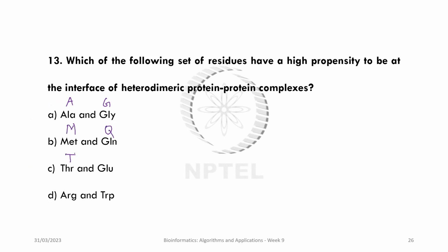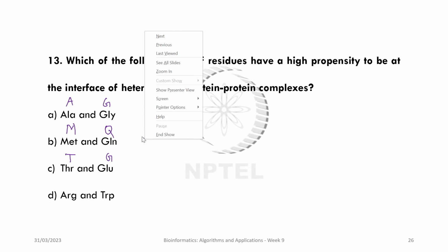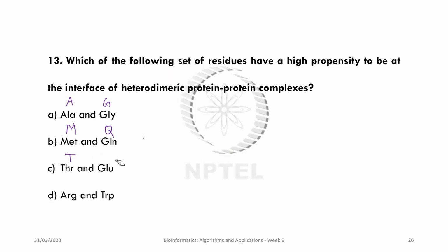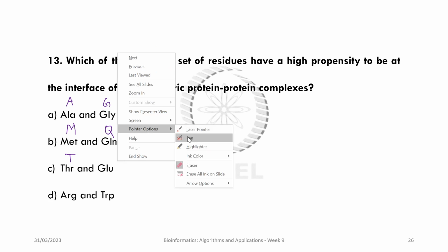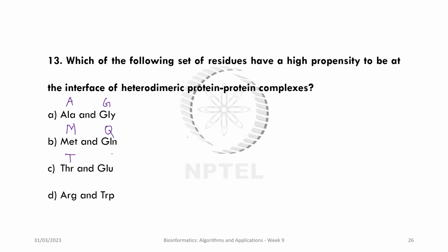Option C, threonine and glutamate. And D, arginine and tryptophan. Okay, Devangana and Nagamani say D. Any other options?